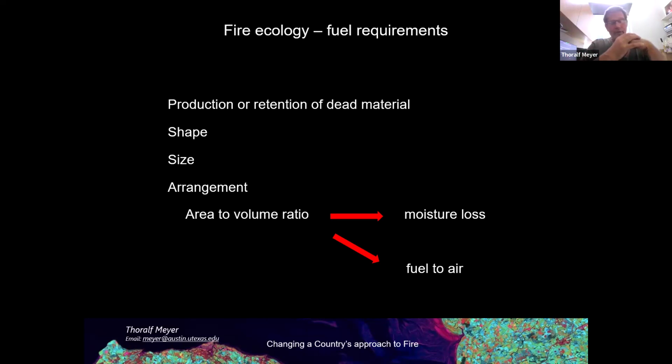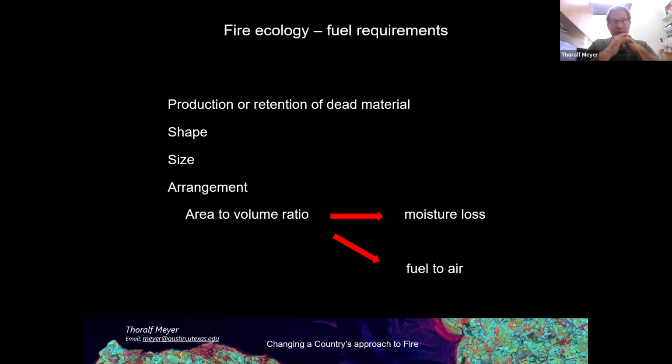Then the shape of a piece of fuel also plays a role. Think of it like this: a stick that is round is more difficult to ignite than a square block of the same size. So fuel shape plays an important role.